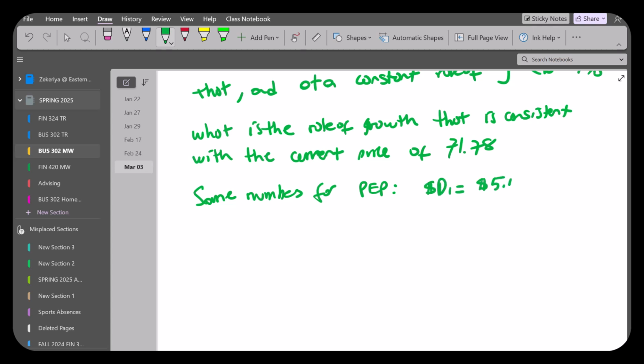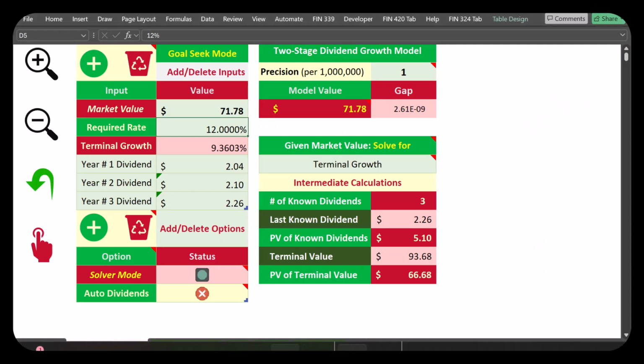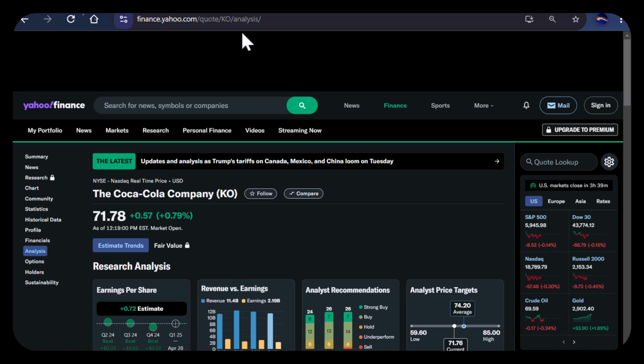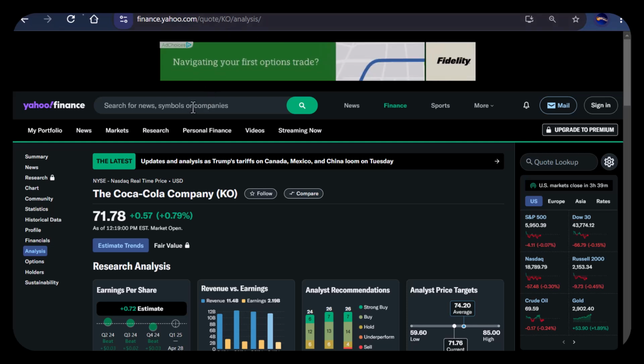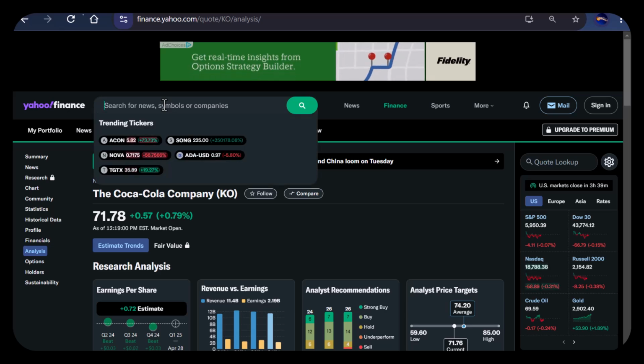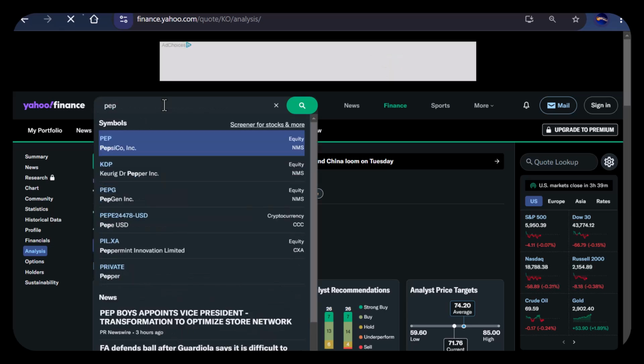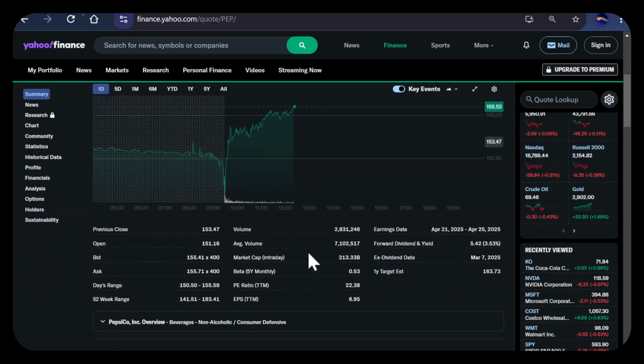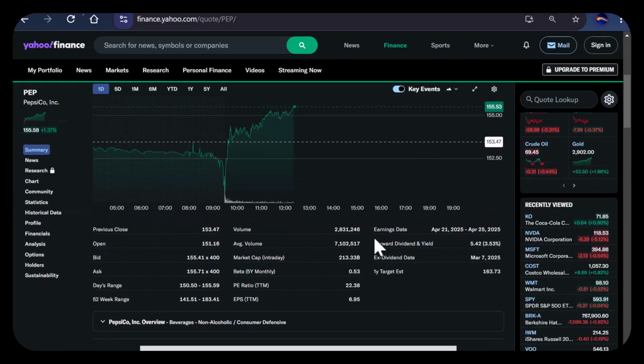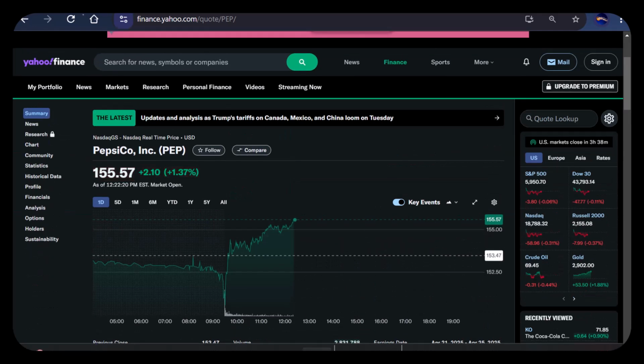I think it was 5.42. I don't have to guess. 5.42, and they are 1.5557.